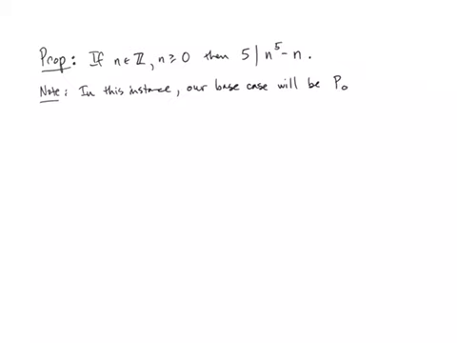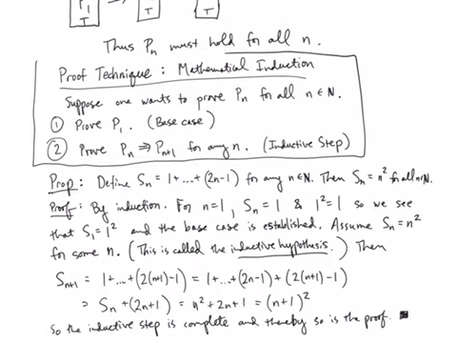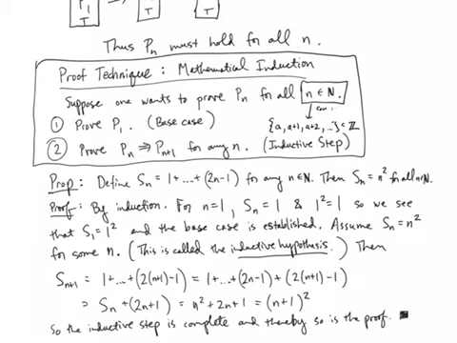Okay, so even though I formulated induction here by saying that n had to be in the natural numbers, really your n could come from any subset of the integers that looks like, say, the subset that starts with a and then goes to a plus 1, a plus 2, etc. So this is a subset of the integers, where a is any given integer.